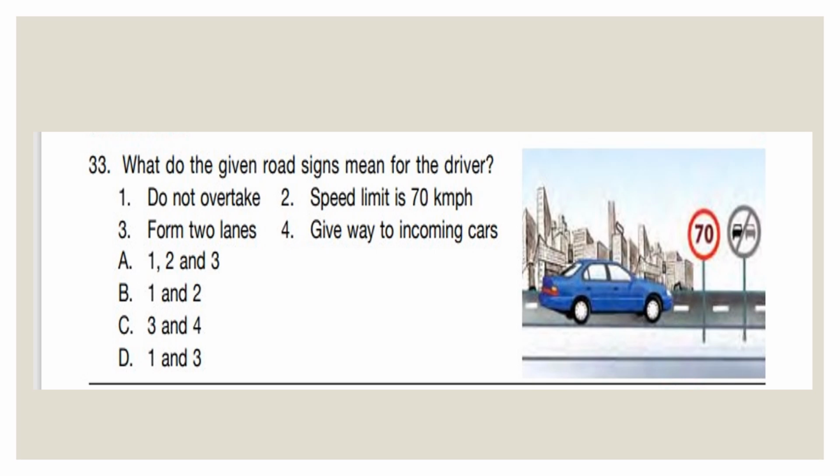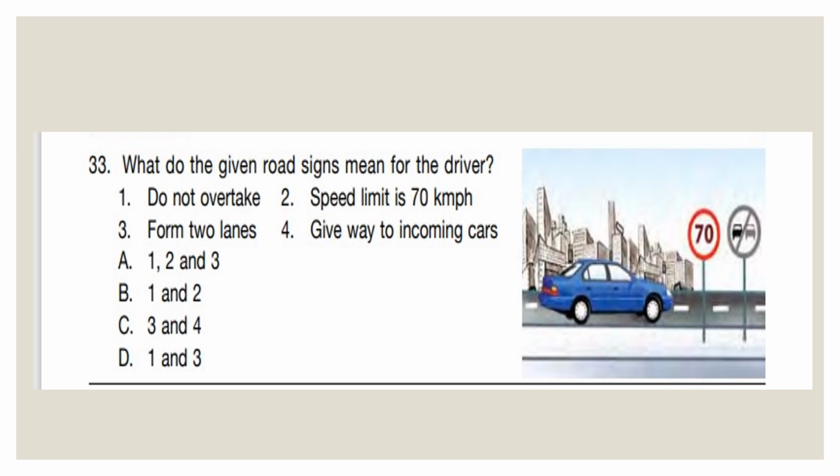Question number 33. What do the given road signs mean for the driver? 1. Do not overtake. 2. Speed limit is 70 km per hour. 3. Form two lanes. 4. Give way to incoming cars. Option A 1, 2 and 3.